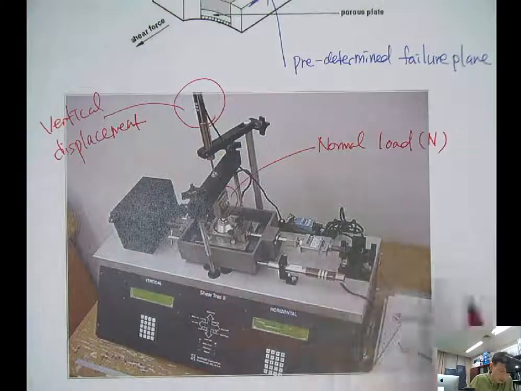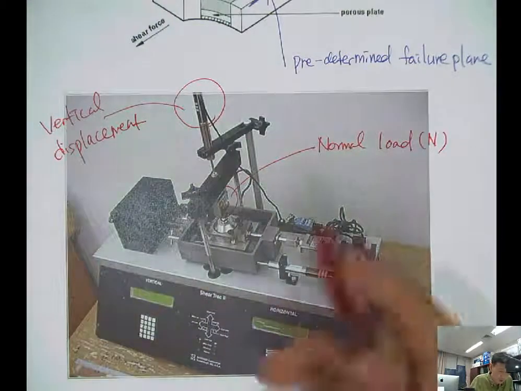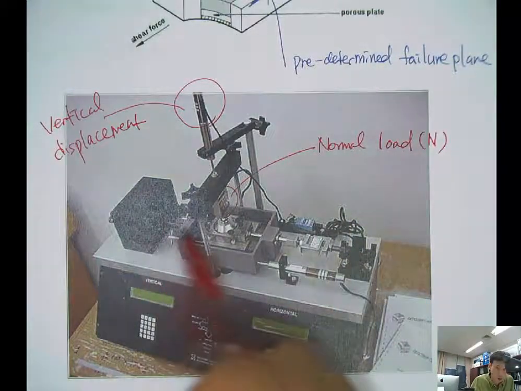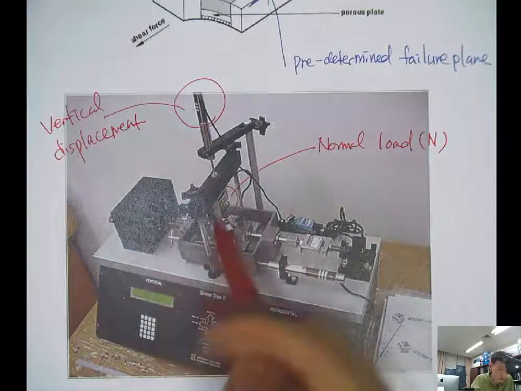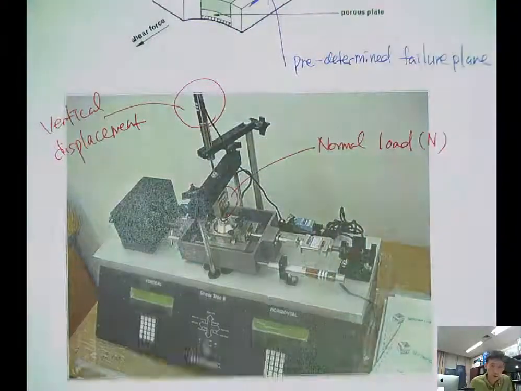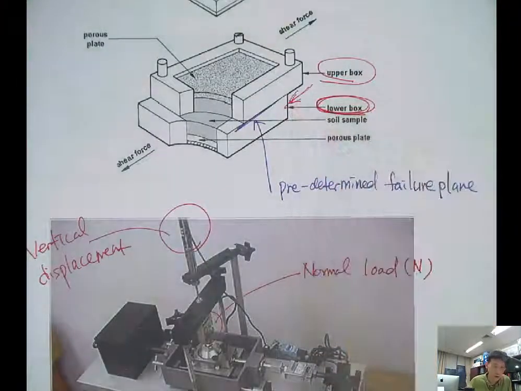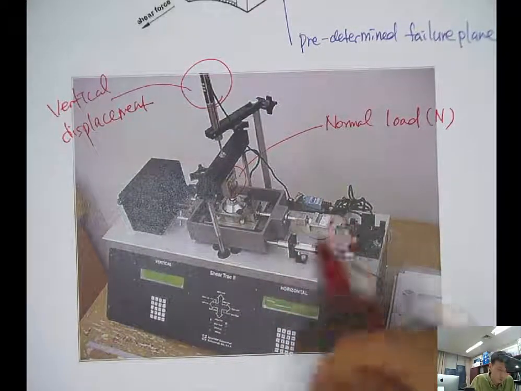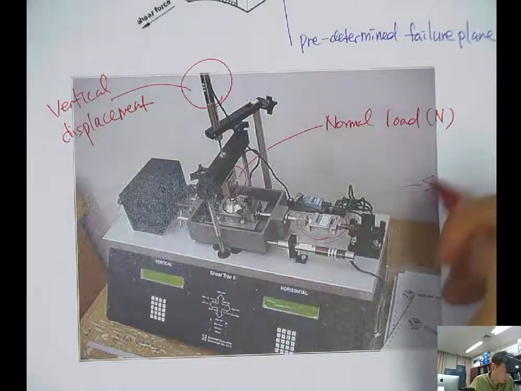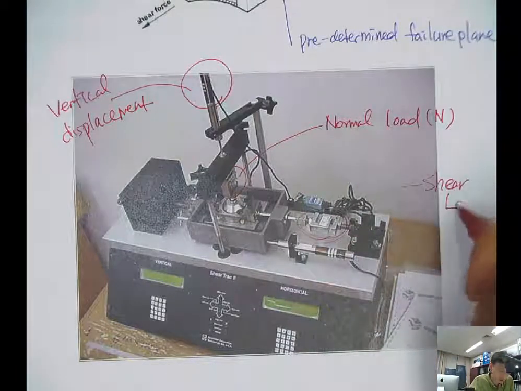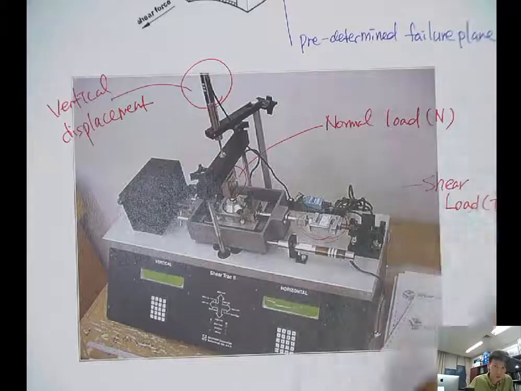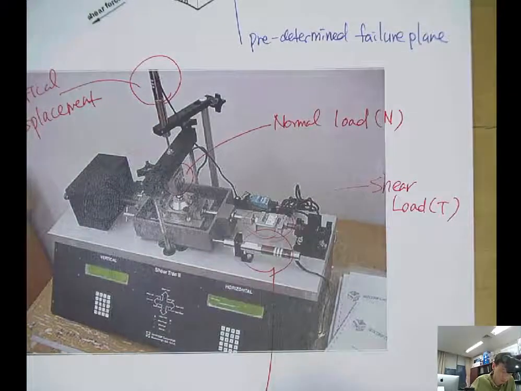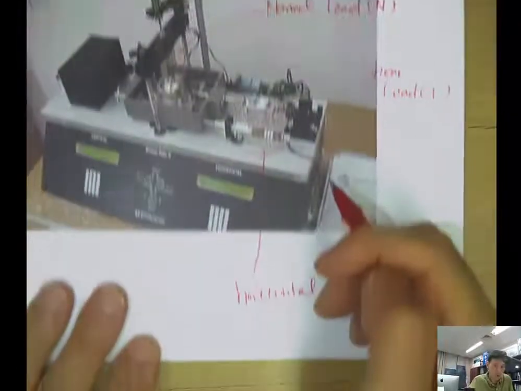And while it's moving the bottom lower box using this motor, so this motor is pushing the lower box to a certain direction, maybe to this direction, and then it's gonna be sheared, and during the shearing it measures the force using this load cell. So shear load T, and this measures the horizontal displacement.